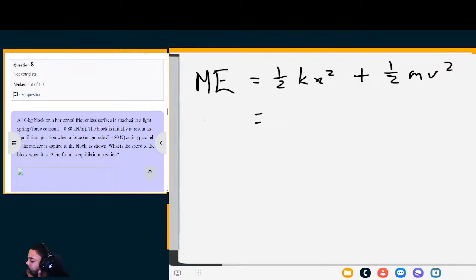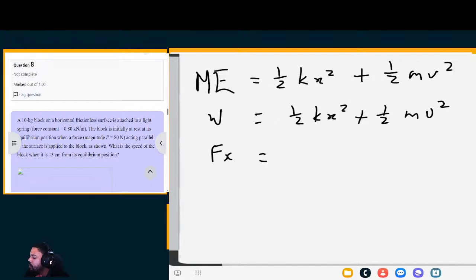So energy can be written as a half kx squared plus a half mv squared. We know that work is equal to force times distance. So the sum of the kinetic energy and the potential energy, which is the spring potential energy, would be equal to the work done by this force.